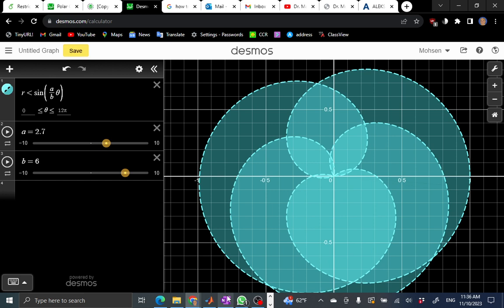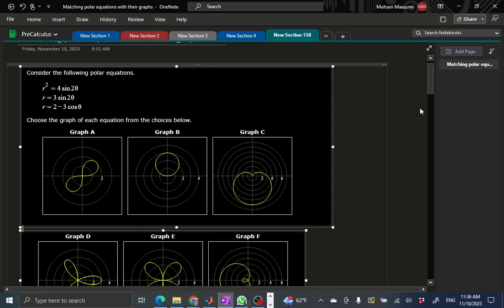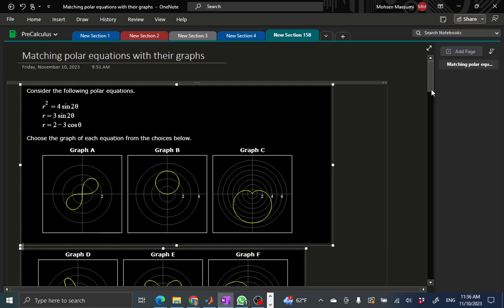Okay, so the lecture today is short. You're just matching. You want to go through quite a few of these exercises to have them imprinted on your mind. Applications are going to come up in calculus. There, these curves are also still a mathematical practice for understanding polar equations.